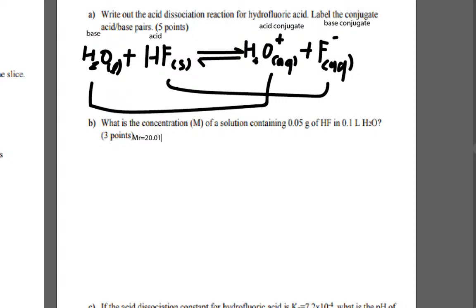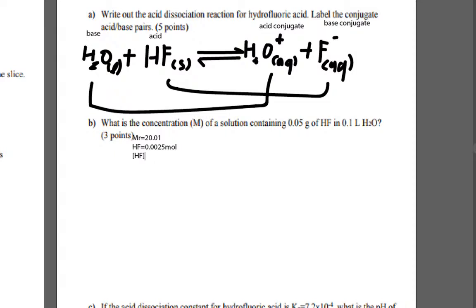And so, how many moles are there? 0.05. Divide the thing by the answer that you got. So you'll get the amount of HF would be 0.0025 moles. And so the concentration would be 0.0025 divided by 0.1.